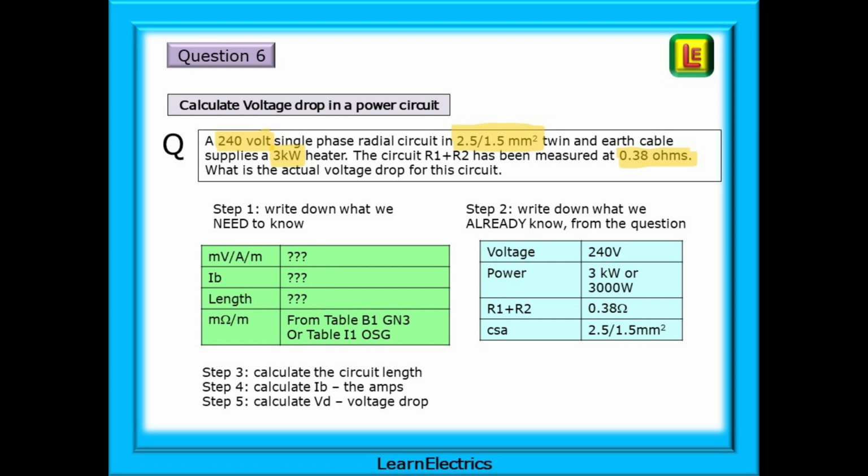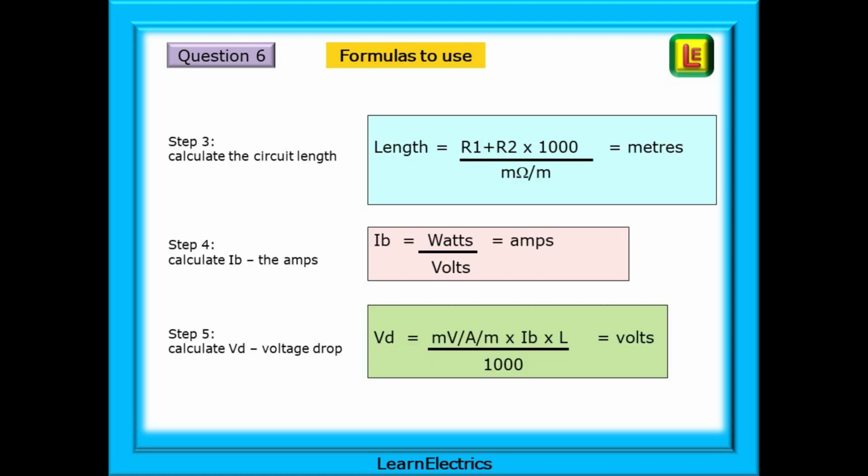Step 4. Calculate IB, the design current. And then, finally, step 5. Calculate the actual voltage drop. These are the formulas that we will be using. Make sure that you are familiar with them before the exams. Pause the video and understand what each one is used for.